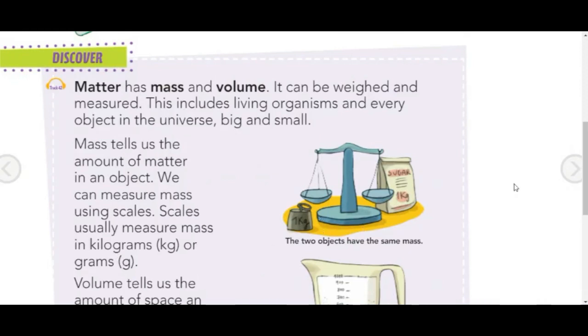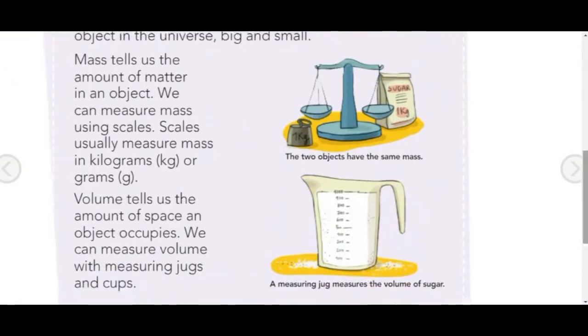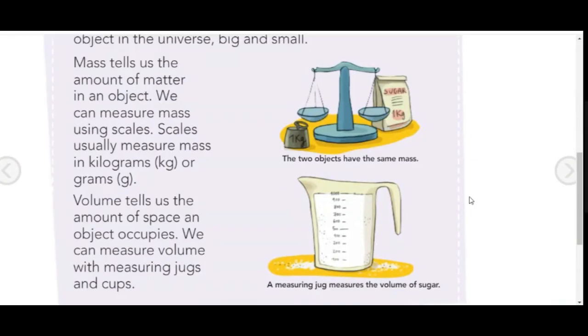So this is what you use to know the mass of an object. There are different types of scales. And volume tells us the amount of space an object occupies. We can measure volume with measuring jugs and cups.